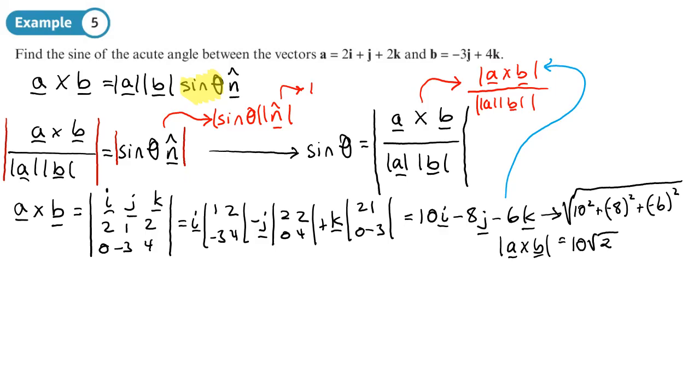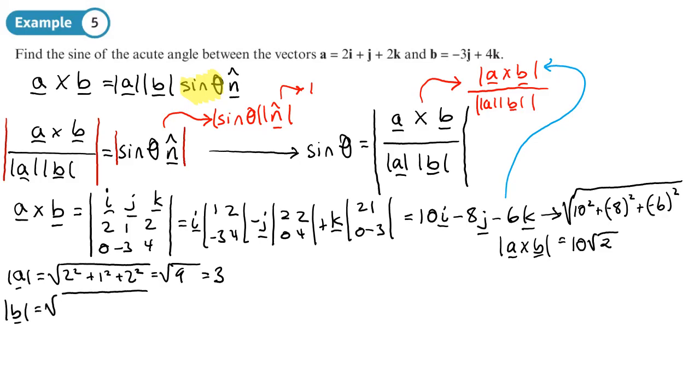At the bottom we want the length of A and the length of B. So the length of A is going to be 2 squared plus 1 squared plus 2 squared. So what's that? Root 4, 8, 9, root 9, which is 3. Then we want the length of B. So that's going to be just two numbers there, minus 3 squared plus 4 squared.